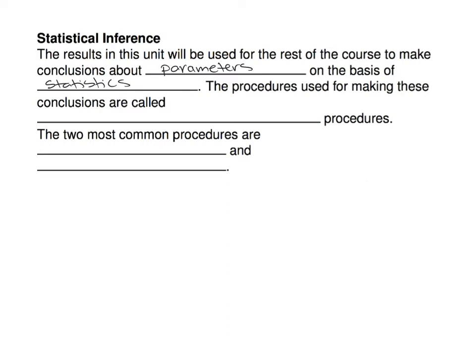The procedures used for making these conclusions are called statistical inference procedures. And the two most common procedures are confidence intervals and hypothesis testing.